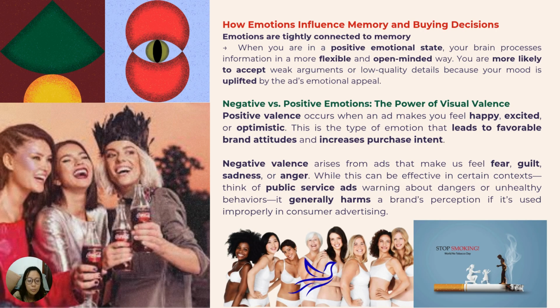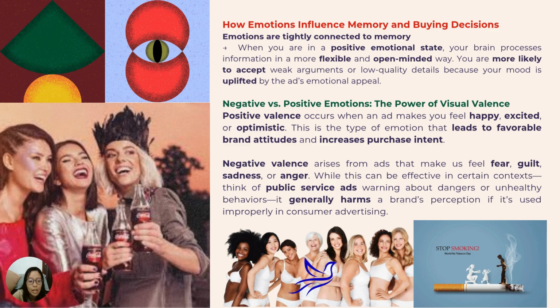Now let's bring this back to purchasing. When you are in a positive emotional state, your brain processes information in a more flexible and automated way. You are more likely to accept a weak argument or a low quality detail because your mood is uplifted by the brand's emotional appeal.